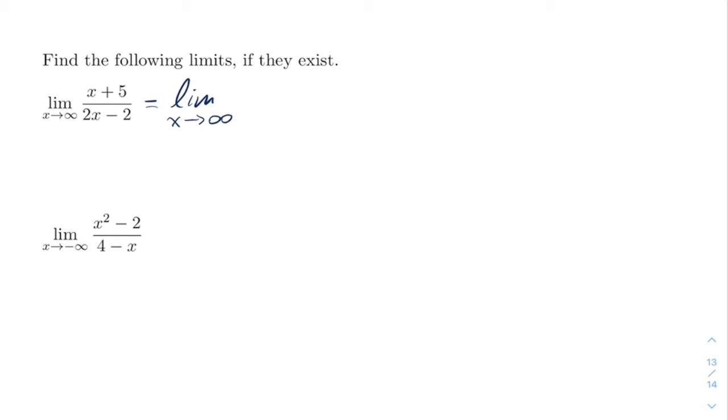And we'll get the limit when x goes to infinity of x divided by x plus 5 divided by x. Remember, divide every single term. 2x divided by x minus 2 divided by x. And because x is not 0, we can simplify these expressions a bit.